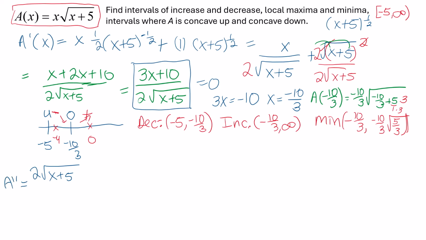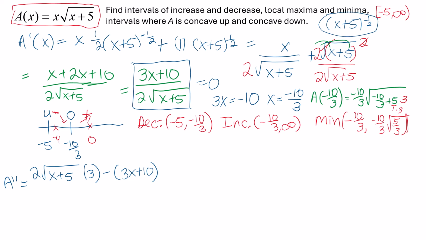So I got 2 square root of x plus 5, which is the bottom, times the derivative of the top, which is 3, minus the top, which is 3x plus 10, times the derivative of the bottom. So we know that bottom is just like I've written up here in the top right corner. It was x plus 5 to the 1/2.